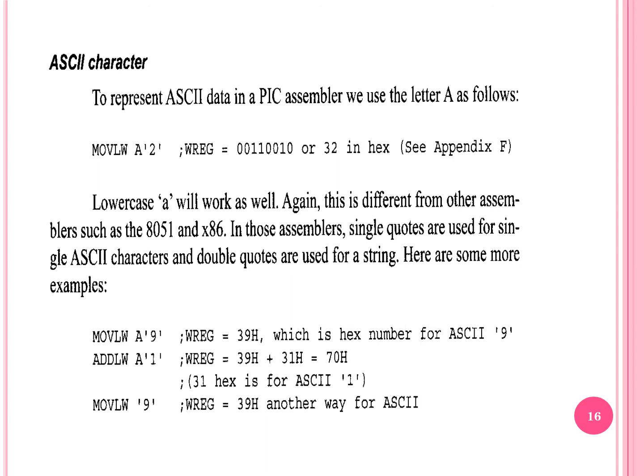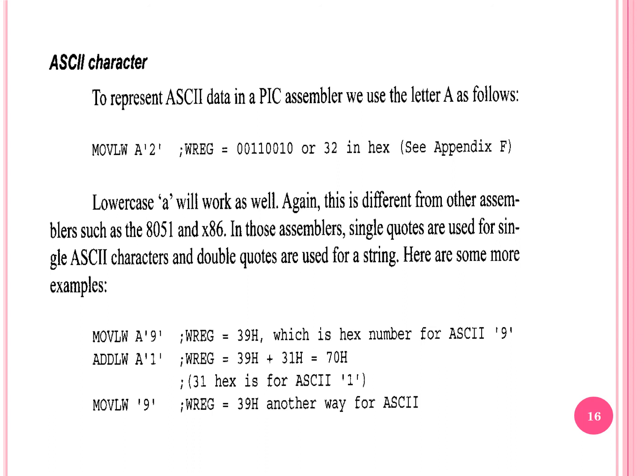Again, this is different from other assemblers such as 8051 or x86. In those assemblers, single quotes are used for a single ASCII character and double quotes are used for multiple ASCII characters, that is a string. Now, for example, MOVLW A'9'. So WREG will contain 30 plus 9, that is 39.